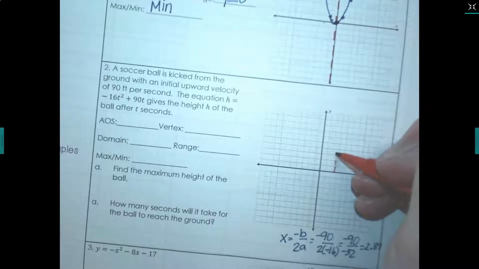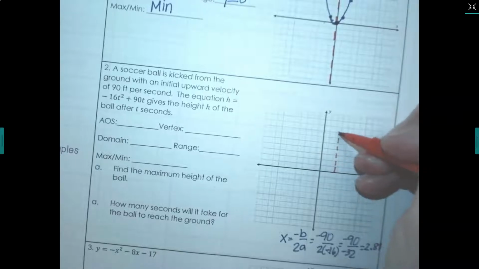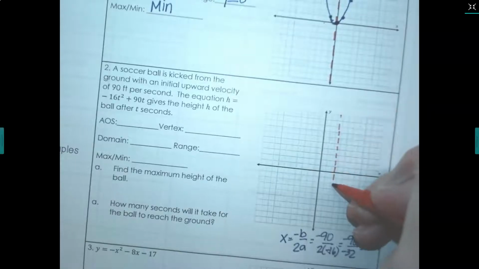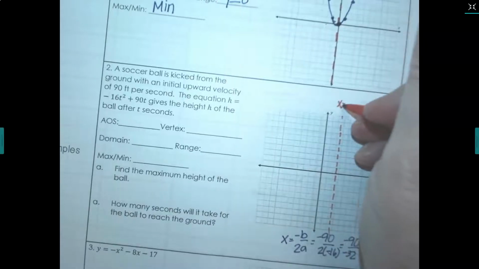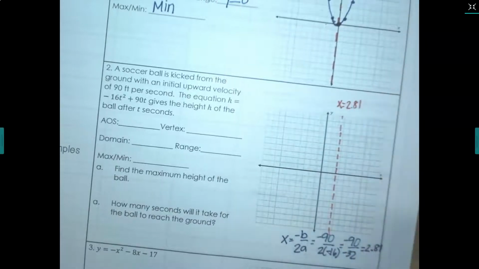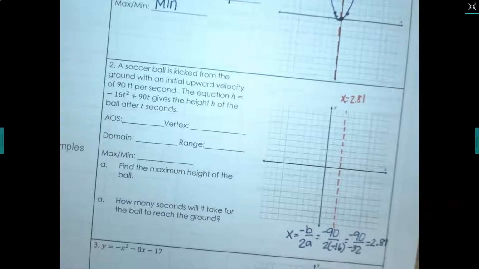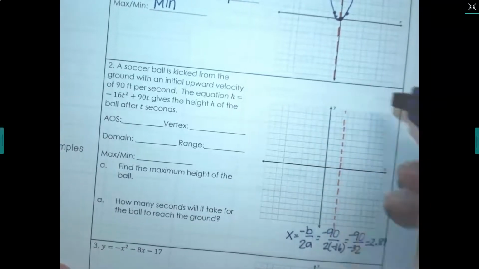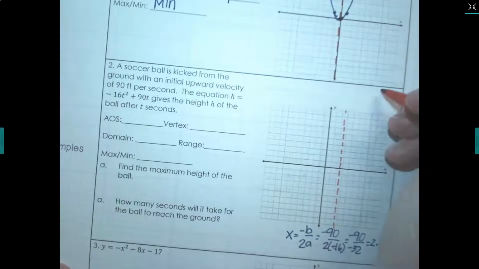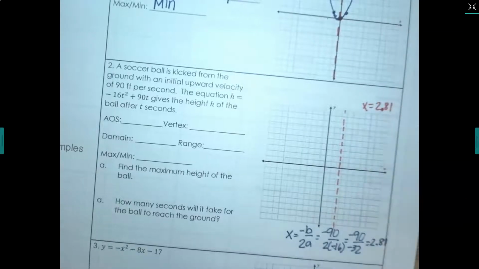So I'm just going to draw my axis of symmetry between 2 and 3, because I know that's where my graph is going to center itself. X equals 2.81. I'm actually going to move that off to the side because I'm going to want to write a vertex, and I know that it's up there. So x equals 2.81. Give myself some room.